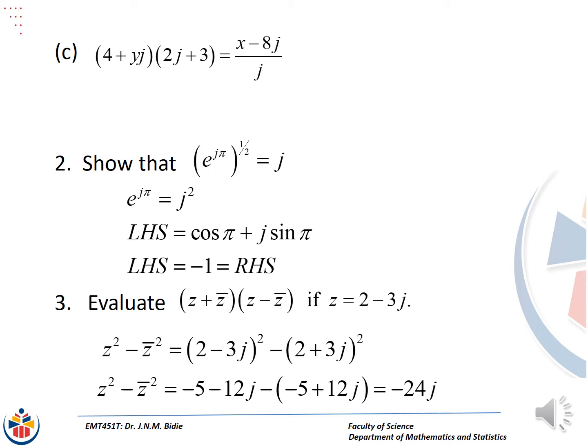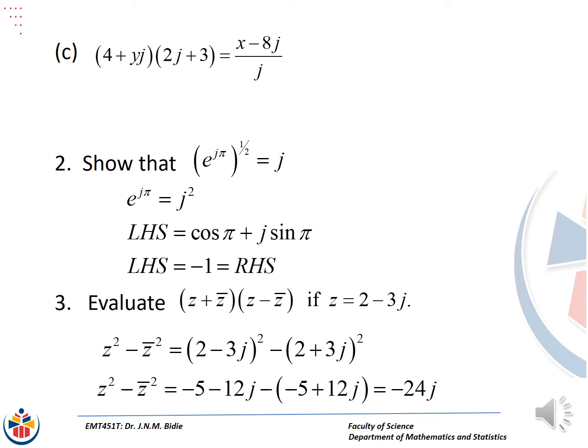So you remove the brackets on the left-hand side and then thereafter multiply by j and equate that to x minus 8j, and then remembering that we have to equate real terms together and imaginary terms together and solve. So it's up to you which method you use. You can multiply by j over j on the right-hand side only to get rid of that j in the denominator.